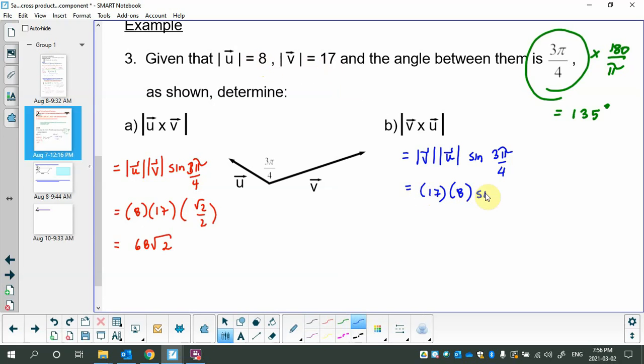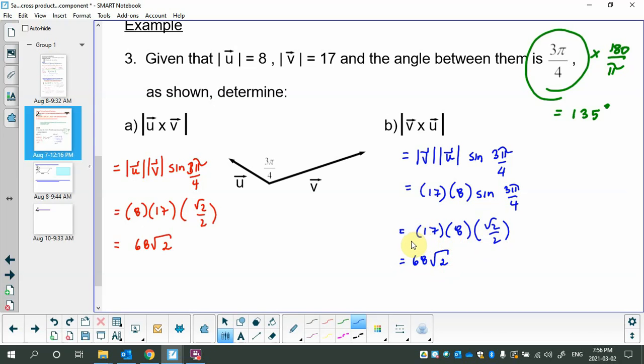And the angle between them is still 135 degrees, or 3 pi over 4, which I'm using with the sine ratio. So that's 17 multiplied by 8 multiplied by still root 2 over 2. So 8 divided by 2 is 4, times 17 is 68, still with the root 2. So you get the exact same answer twice.